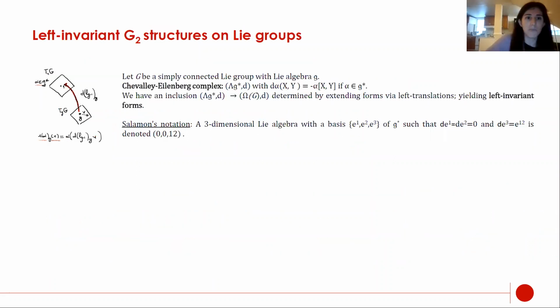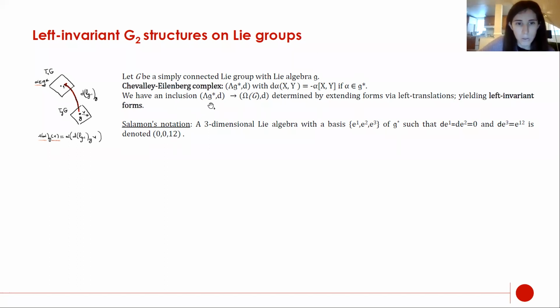And as I promised, I'm gonna talk a little bit about left invariant G2 structures on Lie groups. We will consider a Lie group G with Lie algebra little g, and we're going to define the Chevalley-Eilenberg complex as the exterior algebra of the dual of the Lie algebra, and the differential on one forms is going to be the dual of the Lie bracket, and it is extended as a derivation to higher degrees.